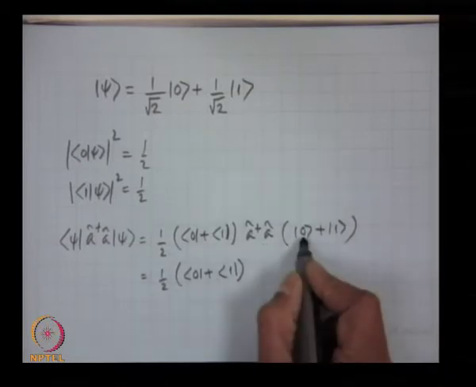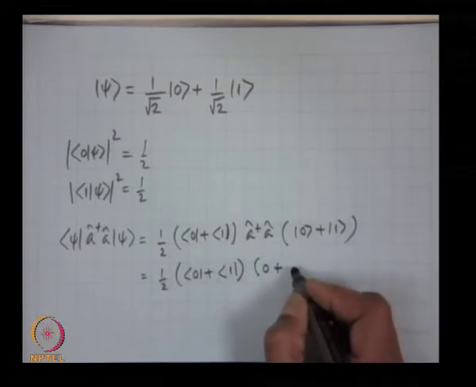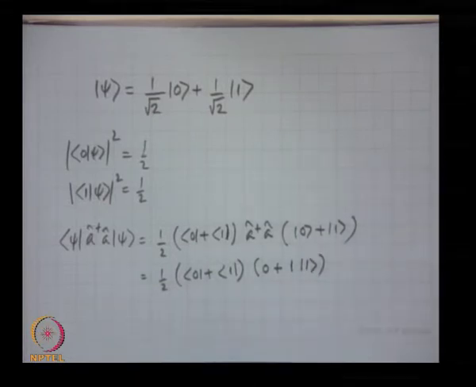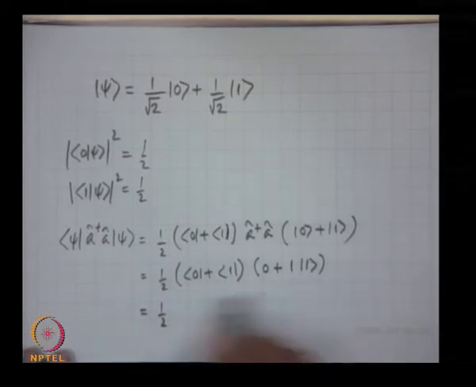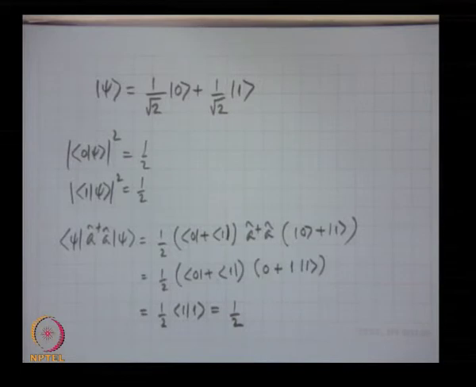A dagger a on 0 is 0, plus a dagger a on 1 is 1, that's all. So this is half. So 0 ket on 1 is 0, and so I'll have just 1 1. Right? So that is the expectation value of the photon number.